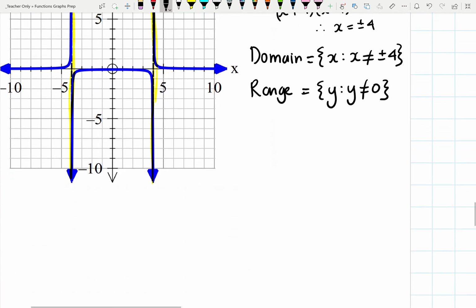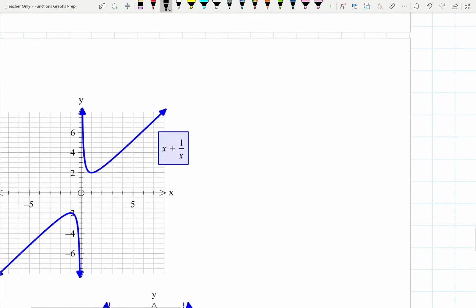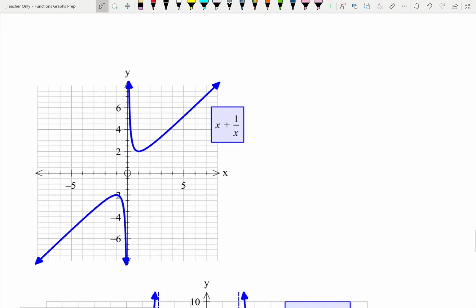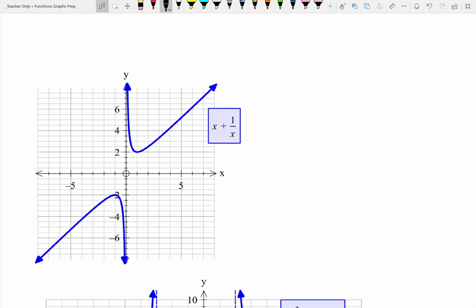All right, just further down I've got a couple of slightly trickier examples. If we have a look at this one, we can check with our domain. Now, here we've got an x in the denominator. We've also got an x by itself over here. We need to consider the function as a whole.